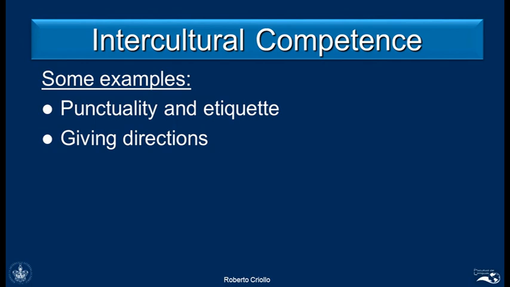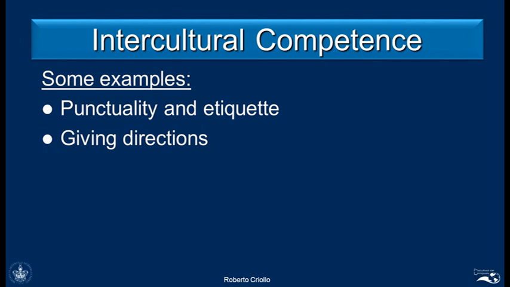So even if we don't know how to get to the place that people are asking about, we're always going to try to give directions, and then usually we get people lost because we give them the wrong directions. But we cannot say no, we always try to help. And then we're gonna say very crazy things.